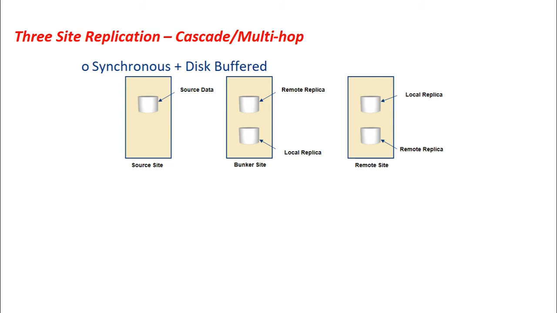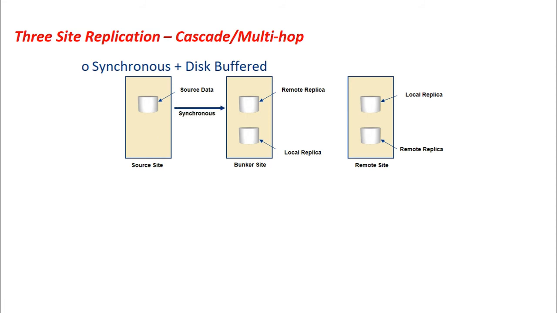Replication between the source and the remote sites can be performed in two ways. Again, we can have a combination of synchronous, asynchronous, and synchronous plus disk buffer. The replication between the source and the remote site in three-site replication can also be performed in synchronous plus asynchronous and synchronous plus disk buffered mode. This is an example for synchronous and disk buffer mode.